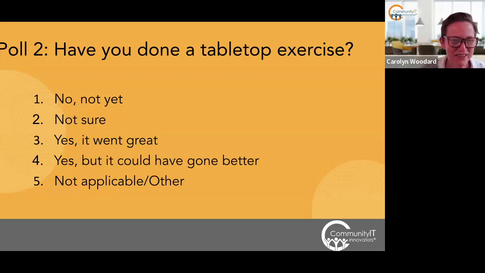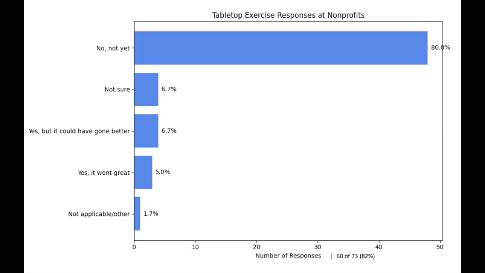And I don't know if this is going to surprise you, Matt, but I'm going to go ahead and share. Can you see that? Yes. So yeah, maybe not surprising, but the vast majority of respondents, 80%, said no, not yet. And then 12% here had said yes in some form or another, with just 5% saying yes, it went great.